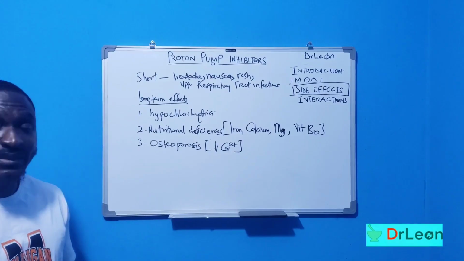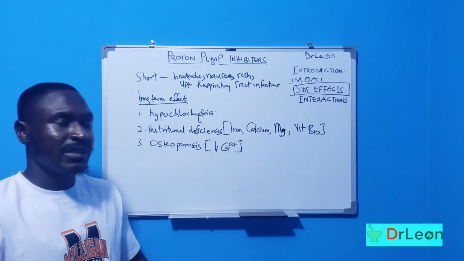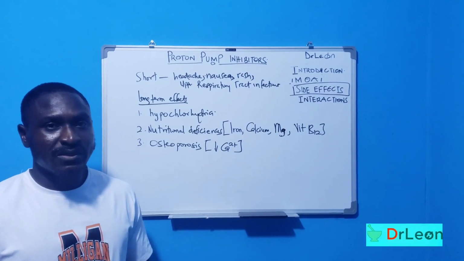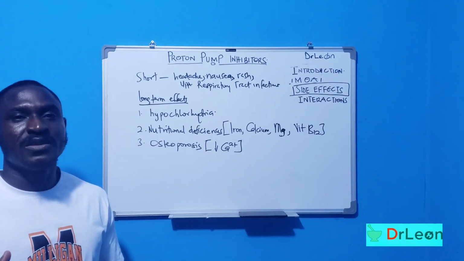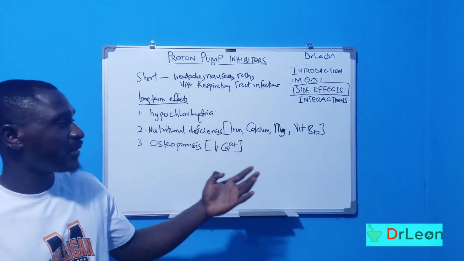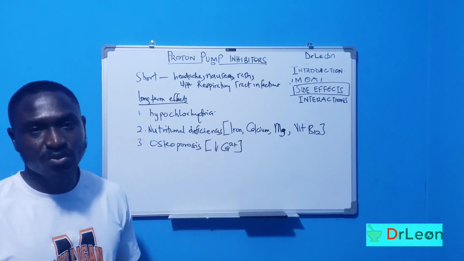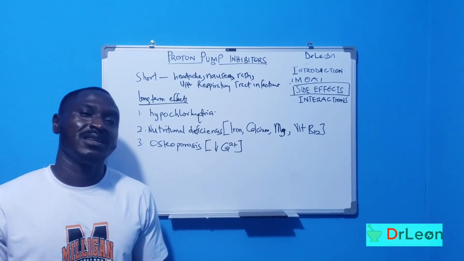So for patients on these proton pump inhibitors for long-term treatment, normally as one of the counseling points or as one of the recommendations, you can offer to give these supplements, iron, calcium, magnesium, B12, and also just monitor to see if the levels are low.